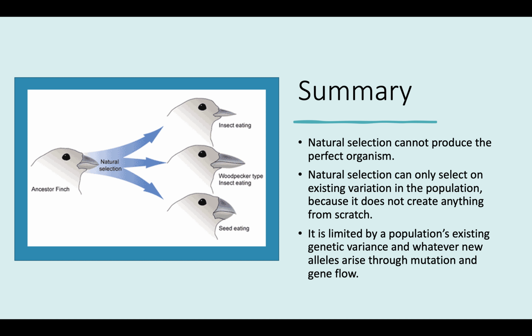Natural selection cannot produce the perfect organism. Natural selection can only select on existing variation in the population because it does not create any variation itself from scratch. Basically, these mutations are determined by natural selection to either be beneficial or not, and it is limited by a population's existing genetic variants and whether new alleles arise through mutation and gene flow.